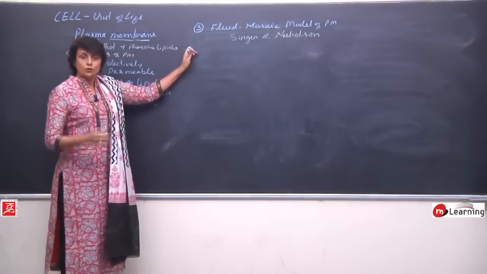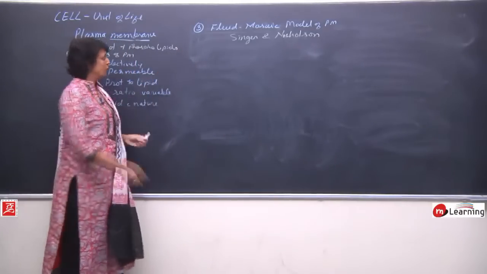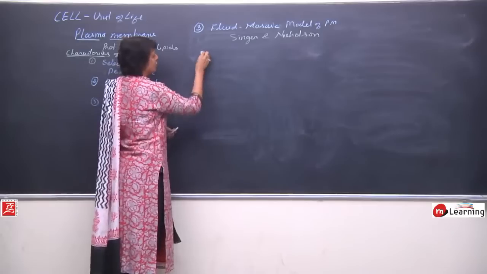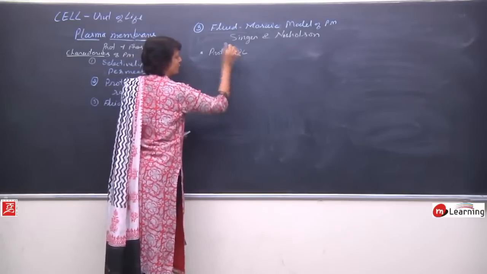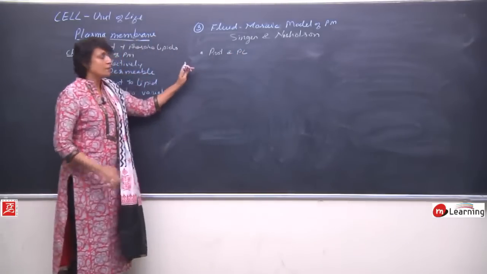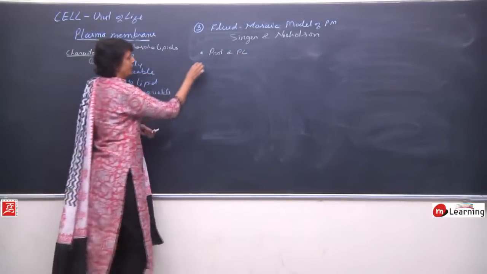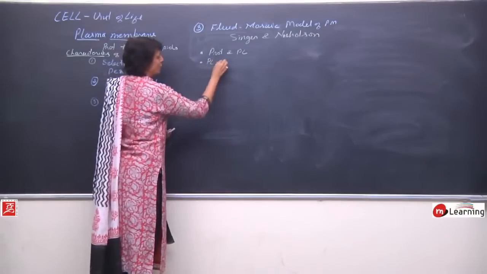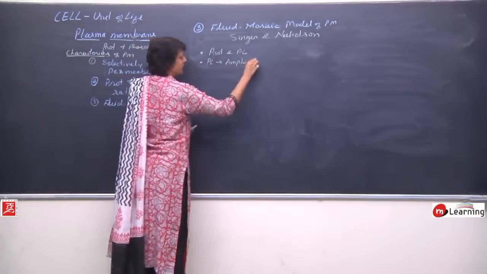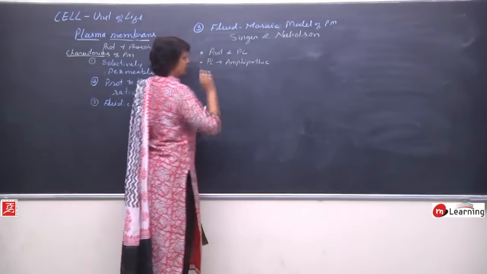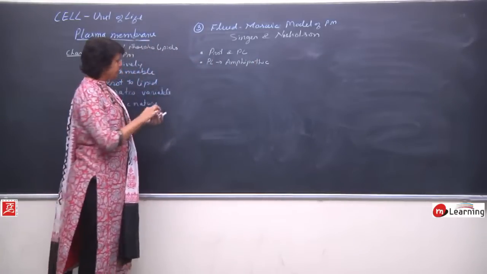Let us first talk about the points which they put forth. First was, it is made up of proteins and phospholipids. So this is same which was given by all 3 models. Phospholipid molecules are amphipathic. This information is also same.